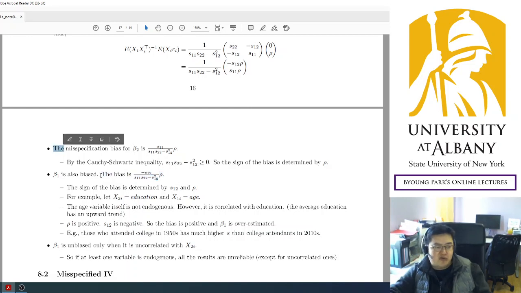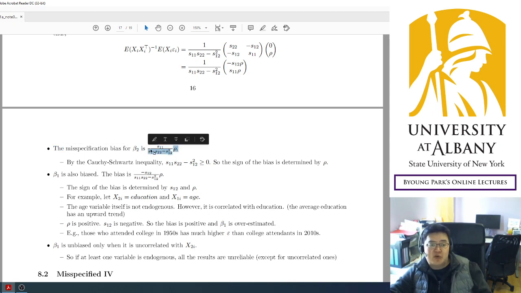So let's think about the misspecification bias for beta 2. For this misspecification bias to be 0, the only possible case is rho equals 0. The variance of x1 cannot be 0, so the denominator cannot be 0. So this is the only variable that can be 0.